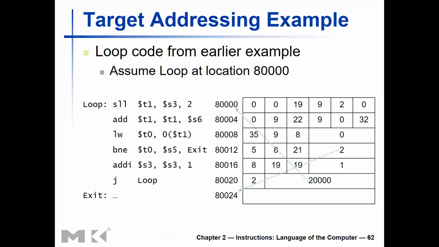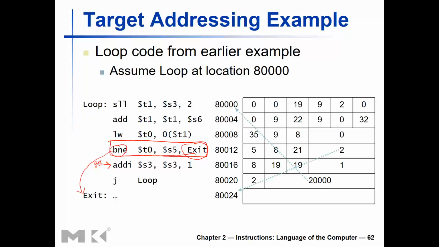Now, let's take a look here at how to generate the machine code for the branch instruction. Notice here is the exit instruction. What's the delta between here and here? For this branch instruction, the current PC is here, which is kind of funny. You would think otherwise, but the PC always advances to the next instruction.